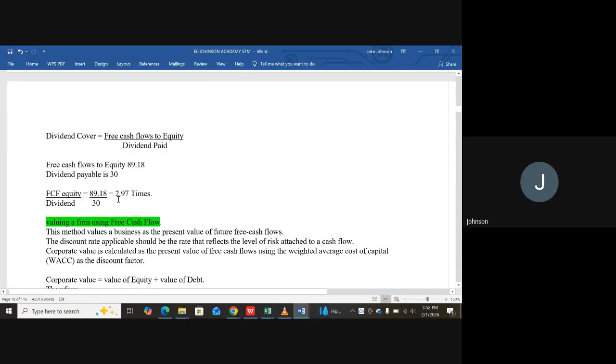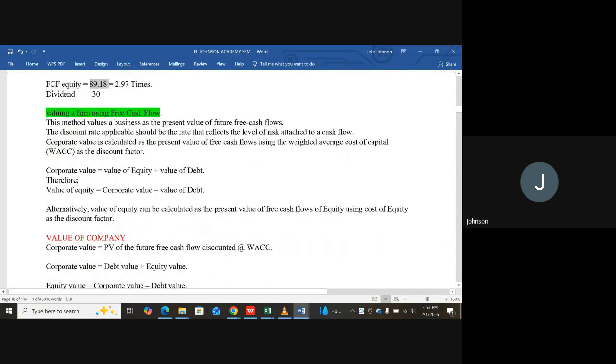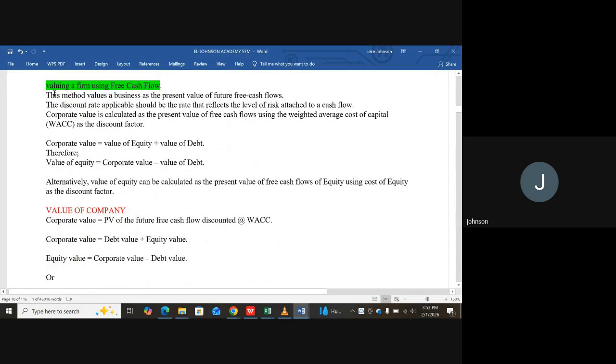You can settle it twice, because if you want to get 30 million in this place, you can get it twice. So that's why they say 2.97 times.